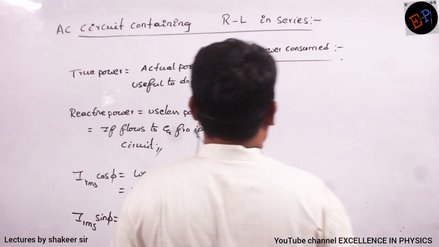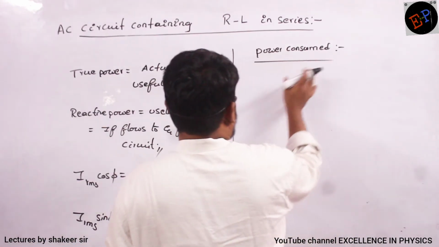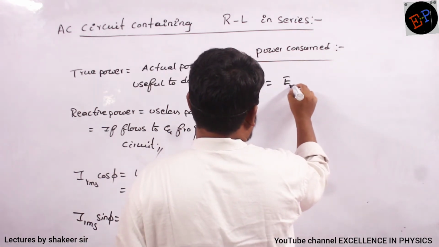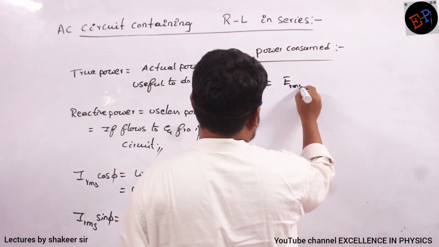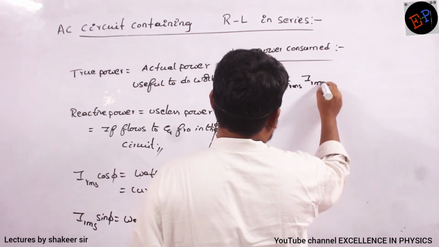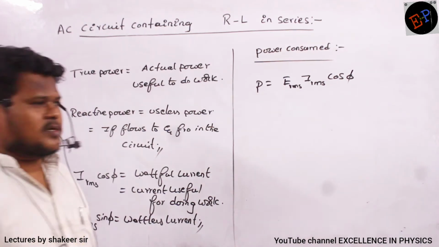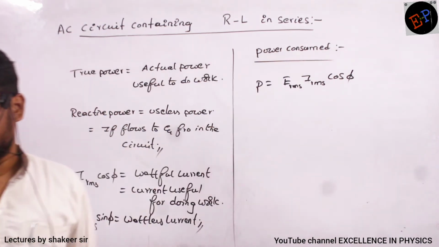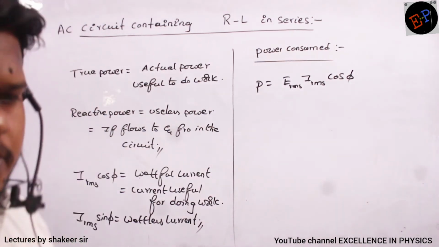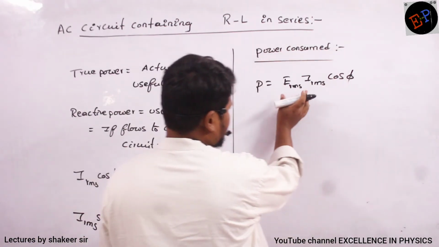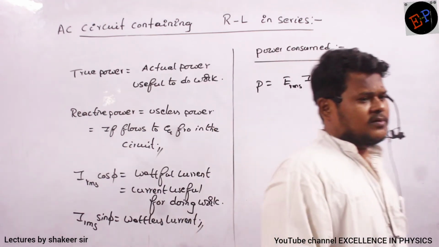Okay? So power consumed by RL circuit is equal to ERMS IRMS cos pi. Already we have studied, ERMS IRMS cos pi is called useful power. So that is the power which is consumed in the circuit. Clear? Actually inductor does not consume any power, already we have discussed.